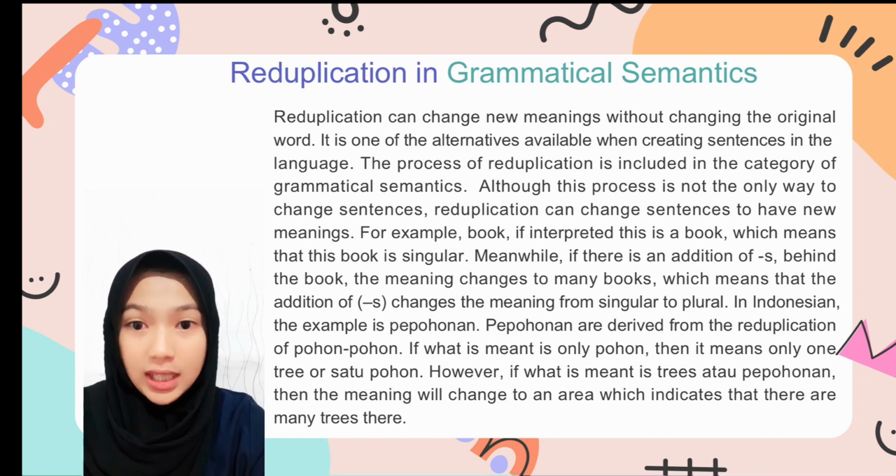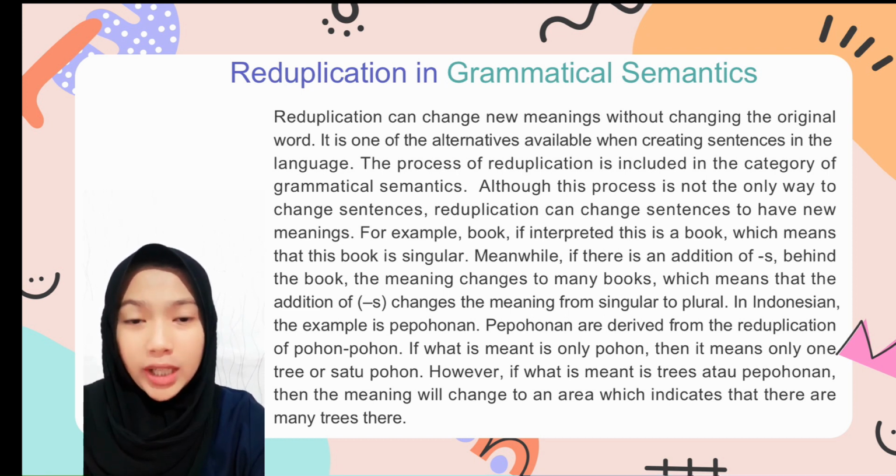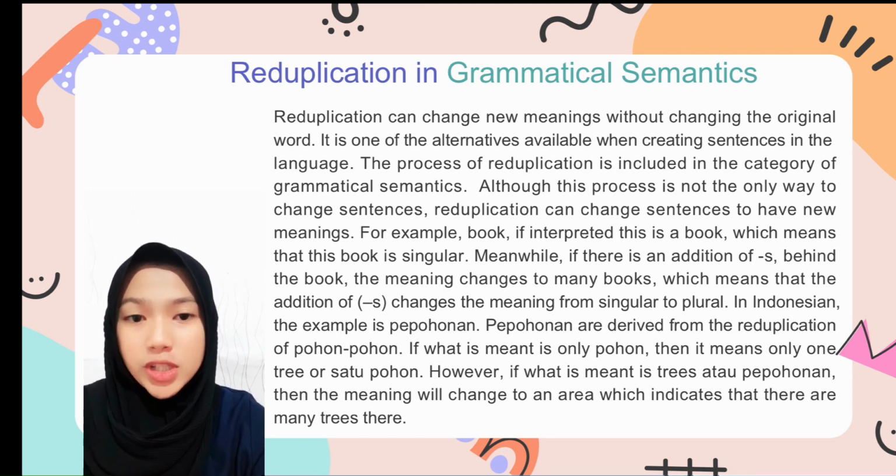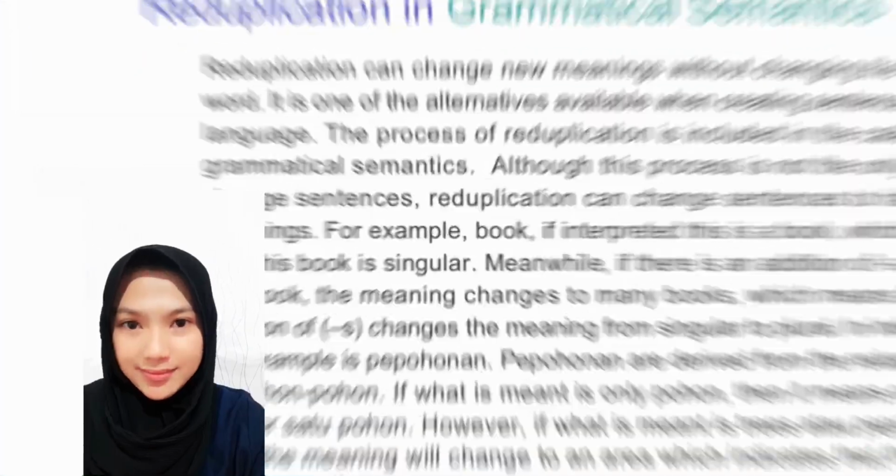In Indonesian, the example is pepohonan. Pepohonan is derived from the reduplication of pohon-pohon. If what this means is only pohon, then it means only one tree or satu pohon. However, if what this means is trees or pepohonan, then the meaning will change to an area which indicates that there are many trees there.